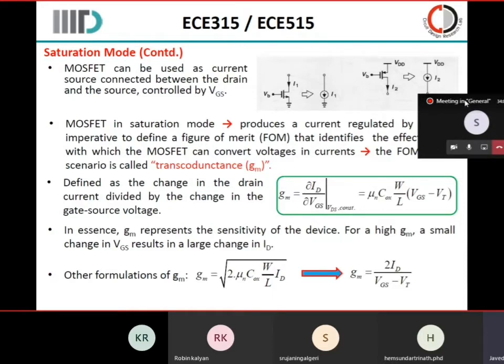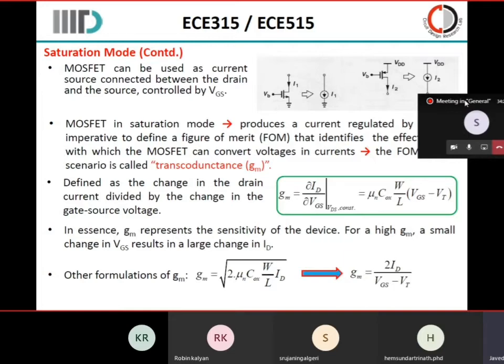What are the other formulations of Gm? Gm can be written as square root of 2 times mu n Cox W by L times ID. So basically you represent the ID factor and use the square law there.